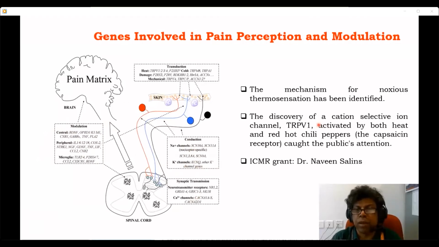And TRPV1 is a cation selective ion channel, which is activated by both heat and red hot chili peppers. That is the capsaicin receptor. So there is a lot of public attention for this. That is how it recently got a Nobel Prize for this particular area of research.